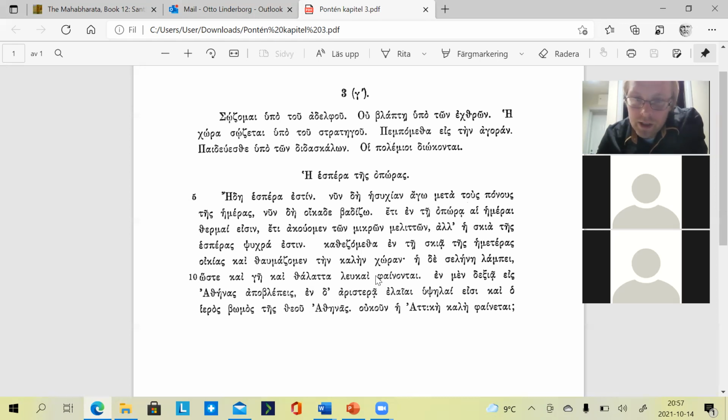So this fainonta is from fainomai, which has many different meanings, but here it could mean appear. The form here is middle passive, a third person plural middle passive indicative, present indicative. Formally it's middle passive, but probably best interpreted here as being in the middle voice, because it's the land and the sea that do something, right?